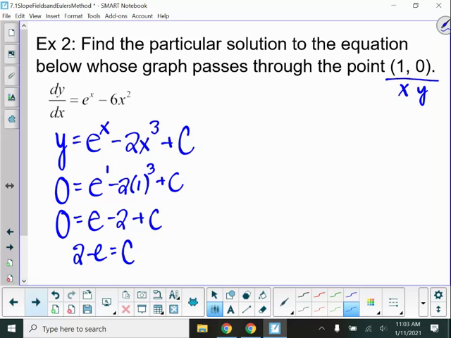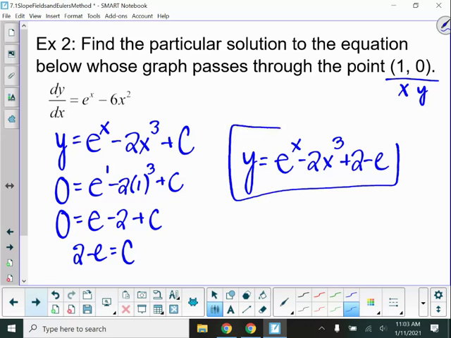So my c value is 2 minus e, which means my equation for y is e to the x minus 2x cubed plus 2 minus e. So you see, just because you're finding a c value that's a constant, it doesn't mean that it couldn't have a pi in it, that it couldn't have an e in it like this one did. C doesn't always mean just a regular rational number.